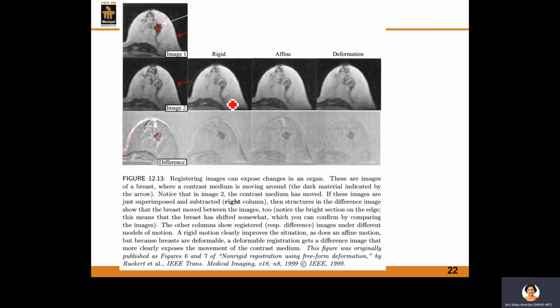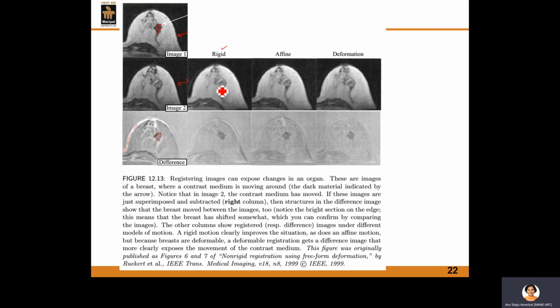So let's say we are doing some kind of image registration. Depending upon the transformation that you have used, the difference images will show different results. For example, let me say that I have used rigid registration.